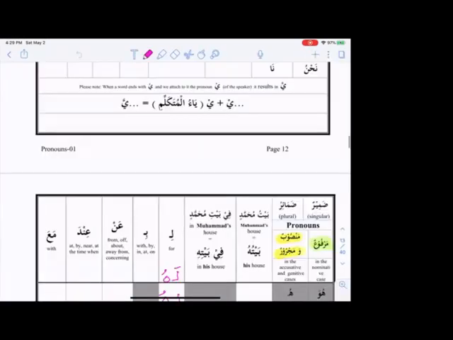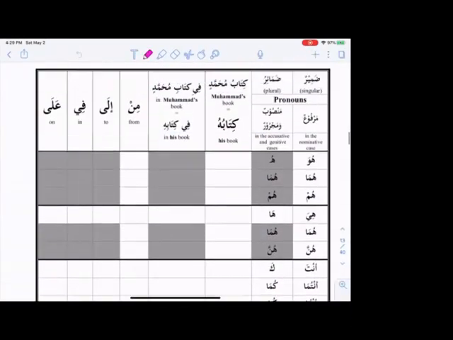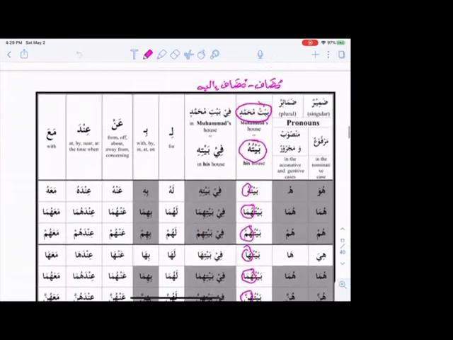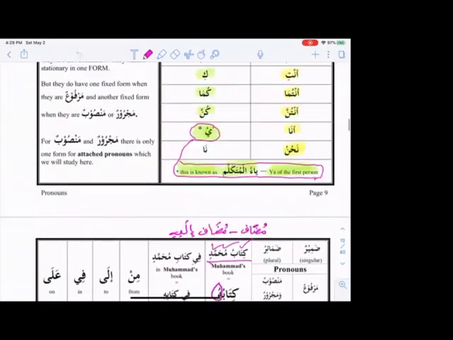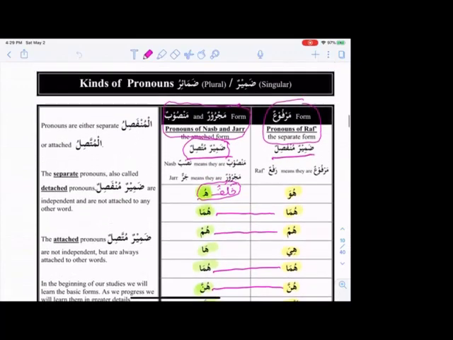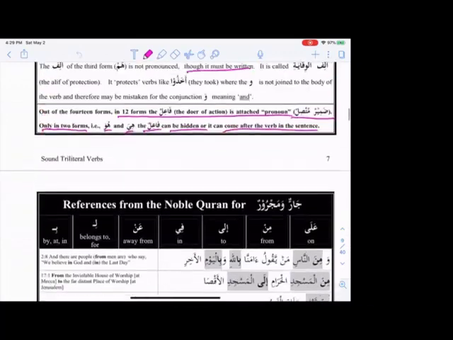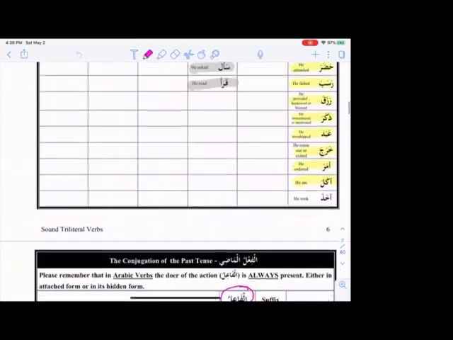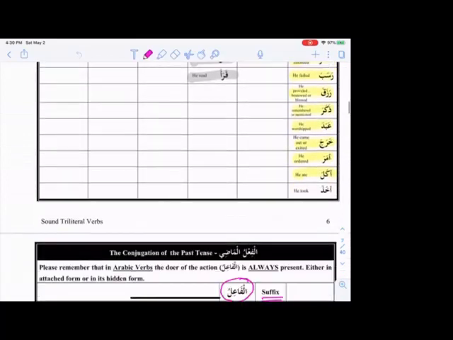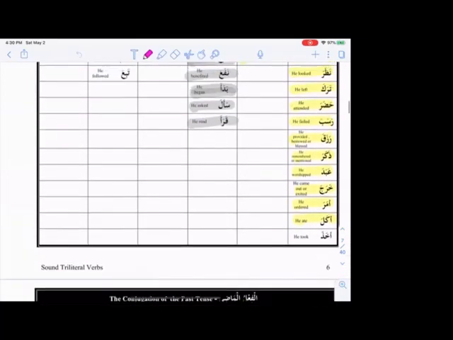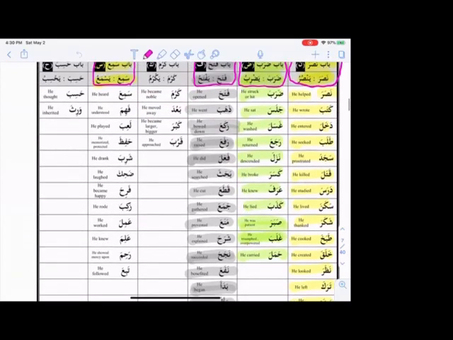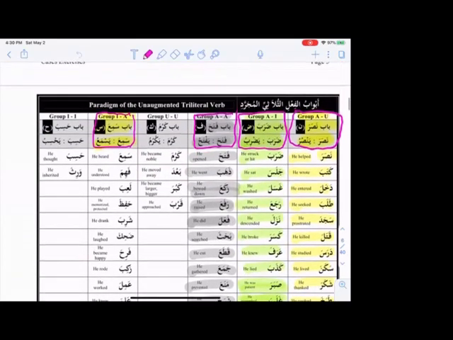I want you to go to page number 6, very important. See, here is a group of verbs that we have gathered together.